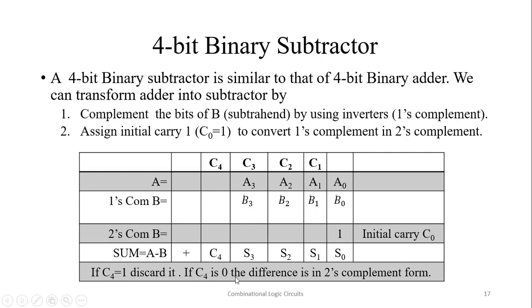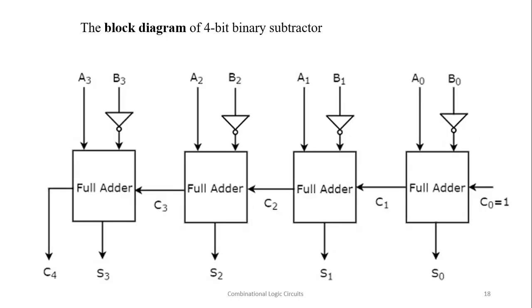If C4 is 0, then the difference is in 2's complement form. So take the 2's complement of these four bits of the difference and place a negative sign in front.